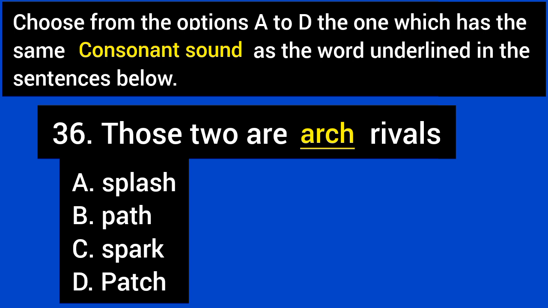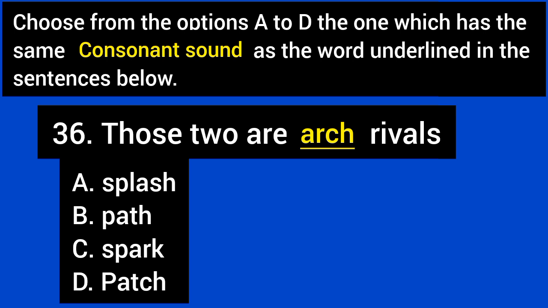All right, so let us look at the first answer. We have splash. Do we have the sh sound there? The splash has the sh sound, but the sound in arch is different. So the splash cannot be our answer for this one.